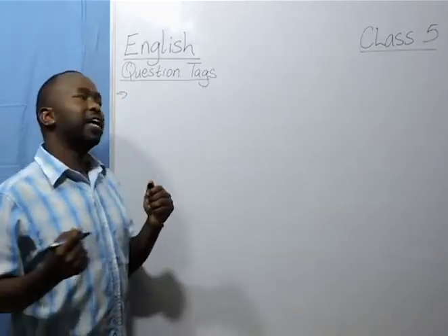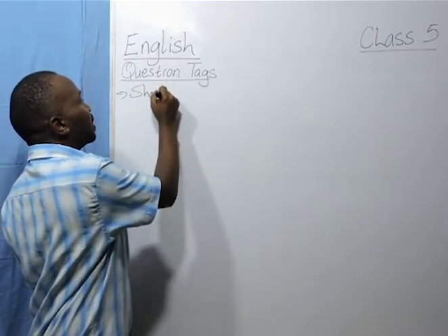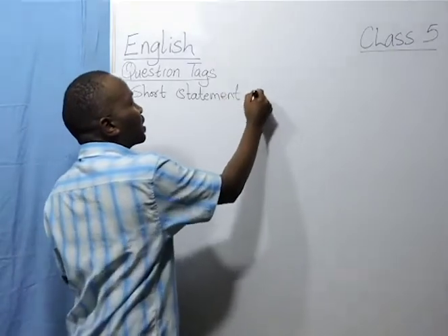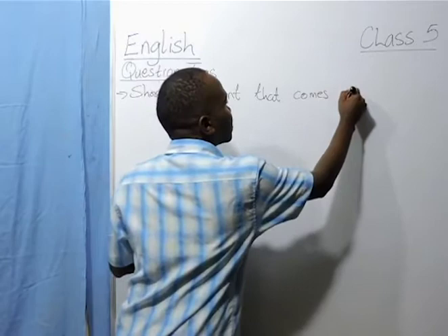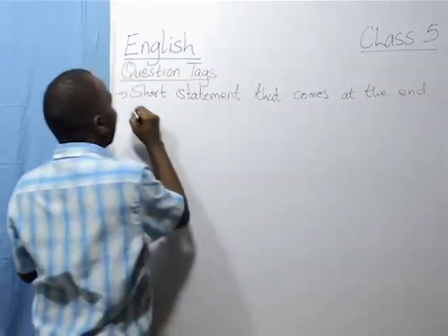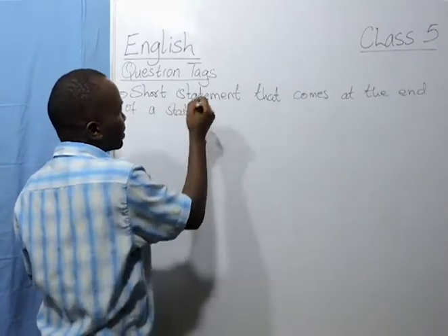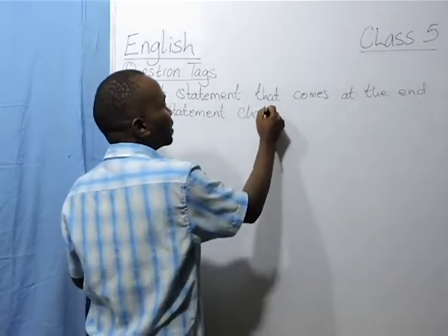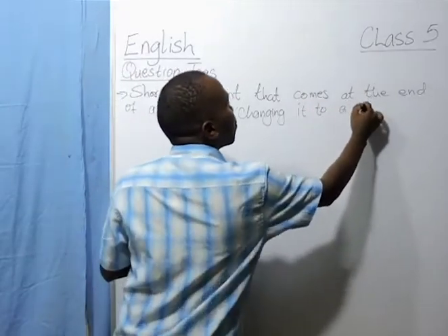Now, we say a question tag is a short statement that comes at the end of a statement or a sentence, changing it to a question.